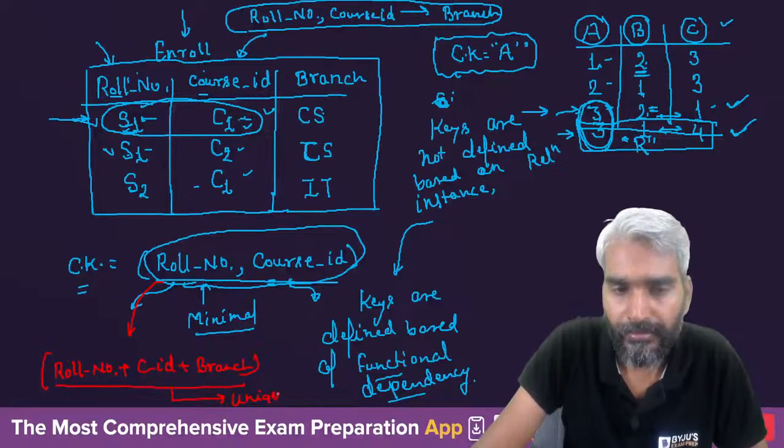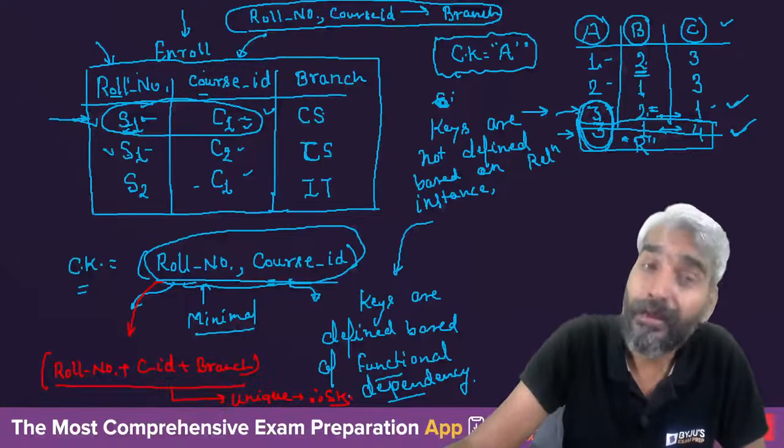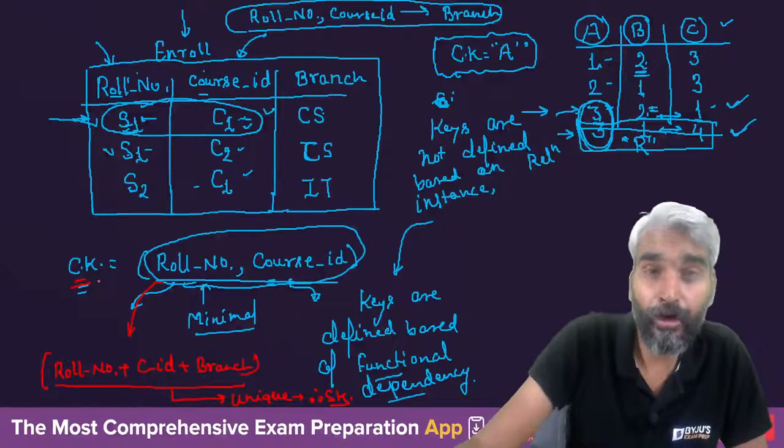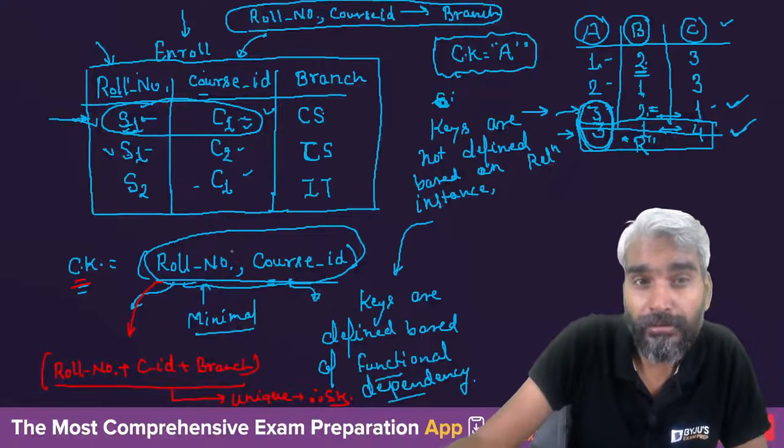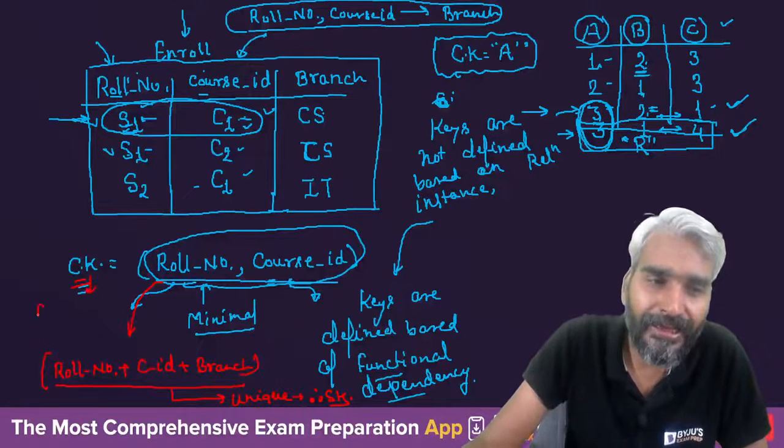It is unique, therefore it is a super key. Now you just need to understand that a combination including a candidate key can also uniquely identify the tuple. So it is a candidate key as well as a super key.